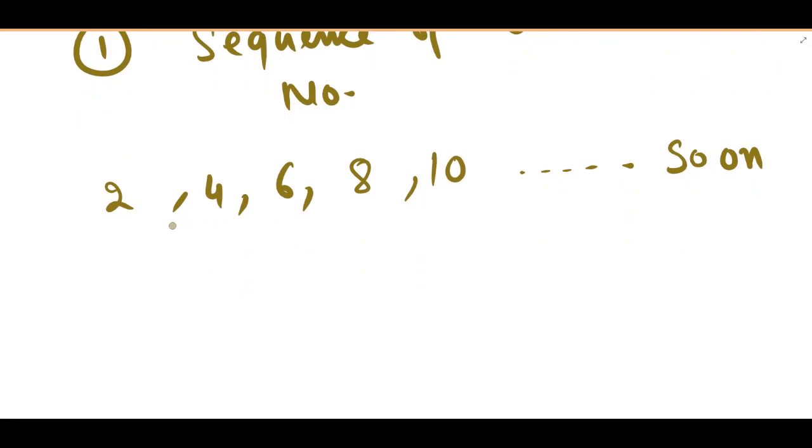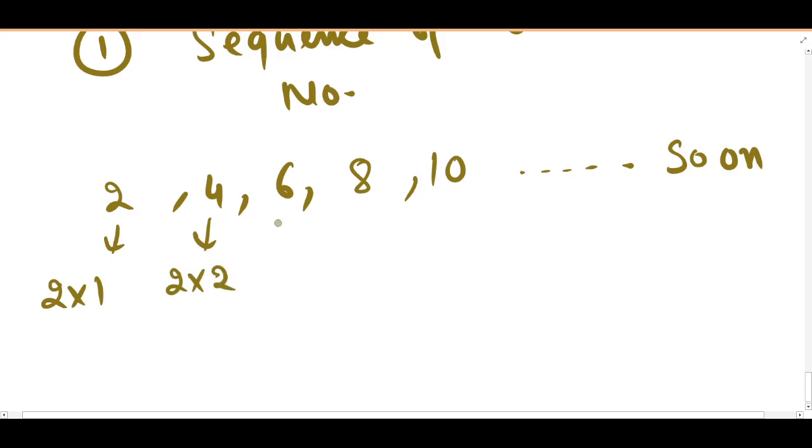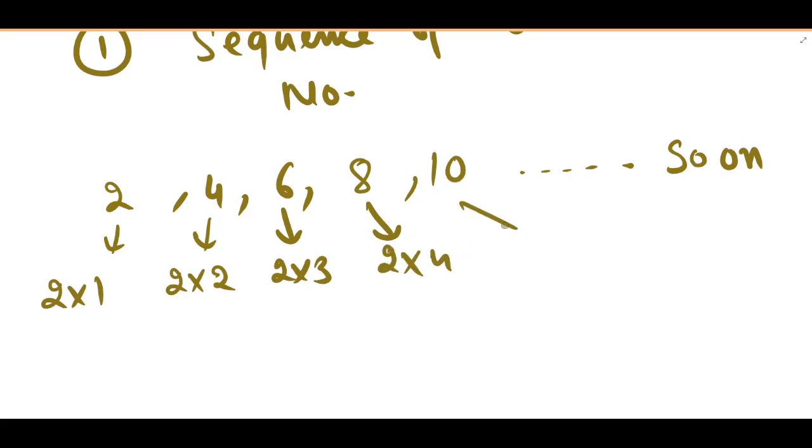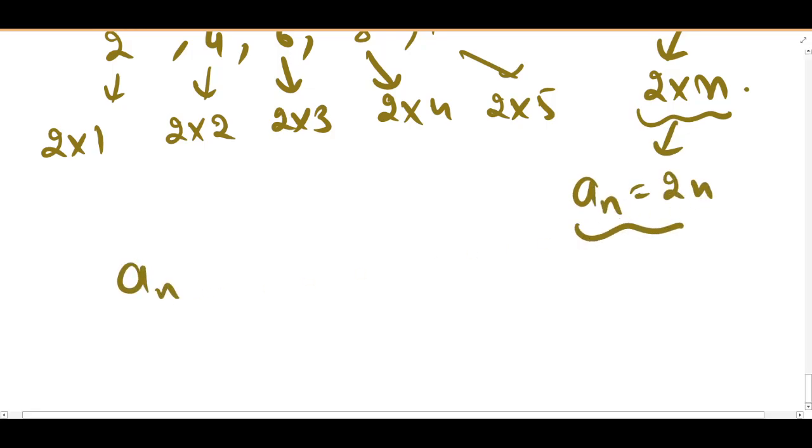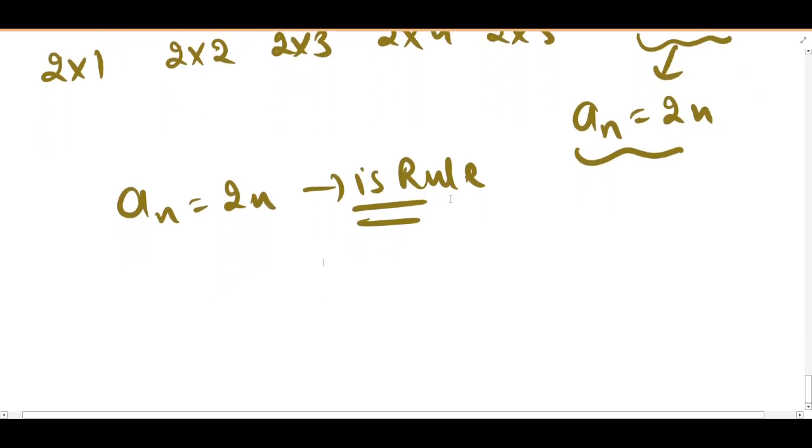If we see from the first term, we have 2 cross 1, the second term is 2 cross 2, the third term is 2 cross 3, the fourth term is 2 cross 4, the fifth term is 2 cross 5, and it will go up to the nth term. So the last term will be 2 cross n. So we have the nth term, an is equal to 2n. So we can call an equal to 2n a rule to find any term in a sequence of even natural numbers.